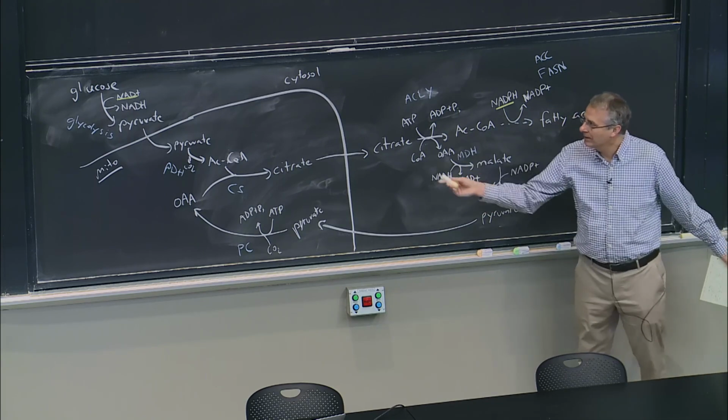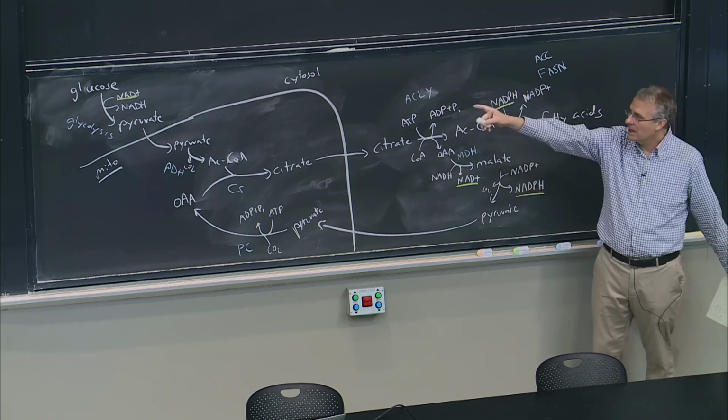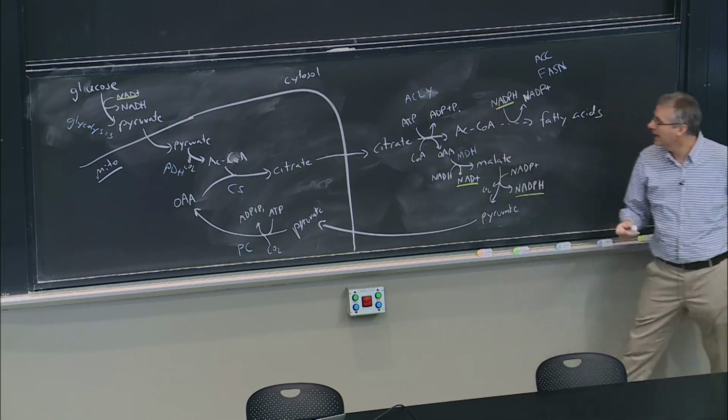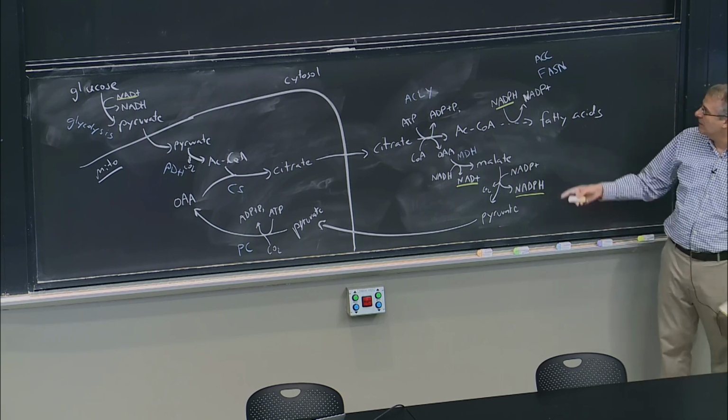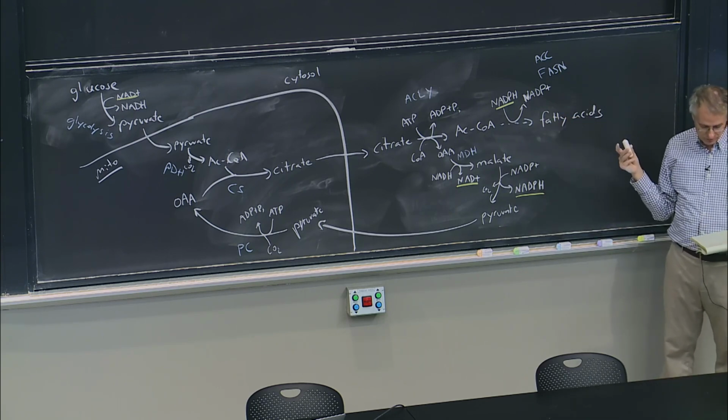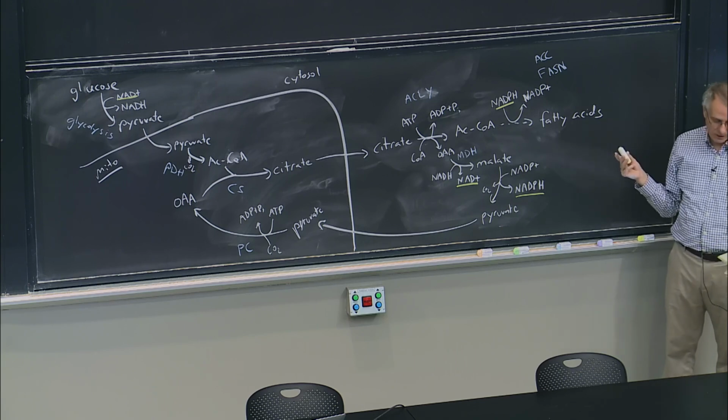And now I have a balanced cycle where I can run this cycle to turn glucose carbon into acetyl-CoA for fat, and in the process also make some NADPH as reducing power to support my fatty acid synthase reaction.